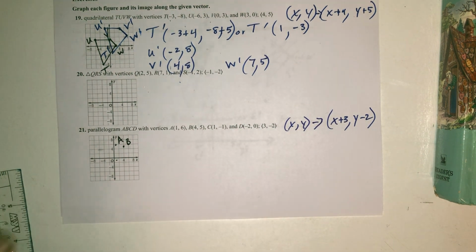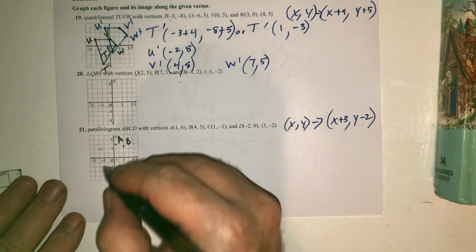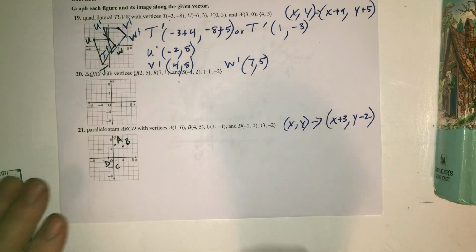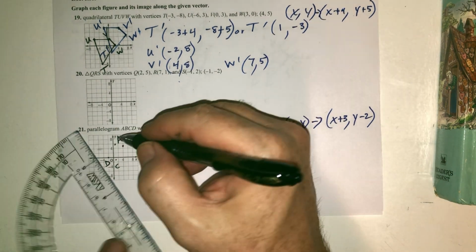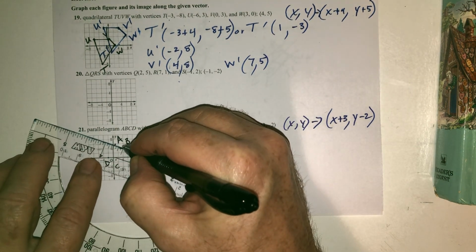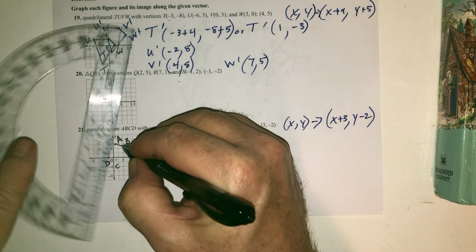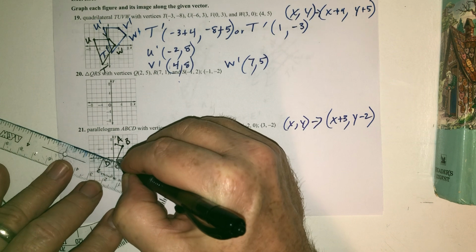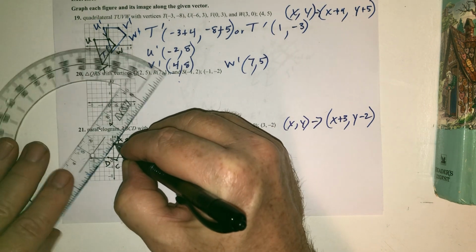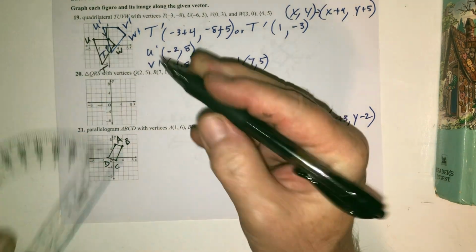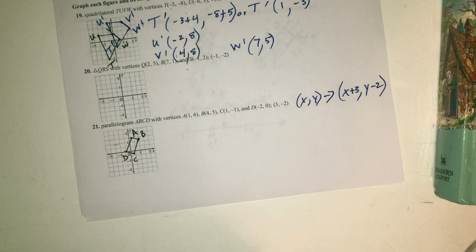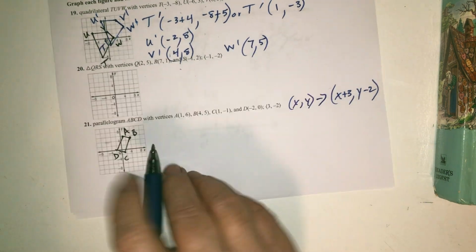Then -2, 0 is point D. And then we could connect A to B, B to C, C to D, and then D back to A. It looks like it might be a rectangle. Of course, mine doesn't look exactly like a rectangle, but you get the picture.